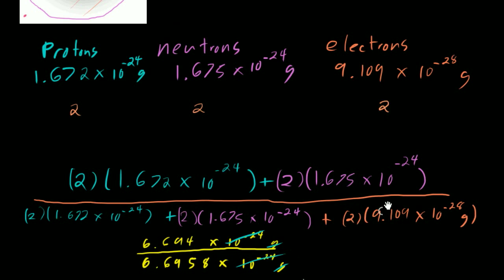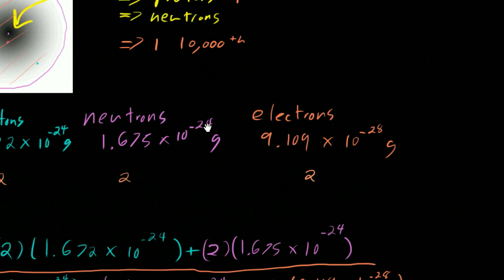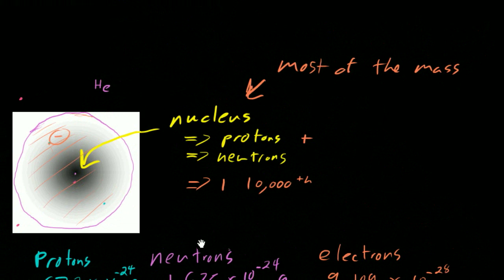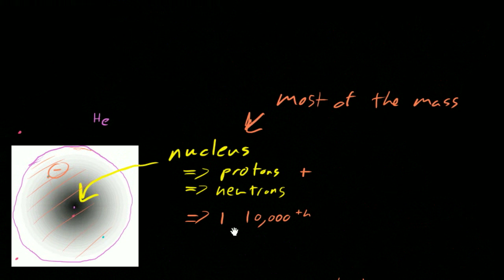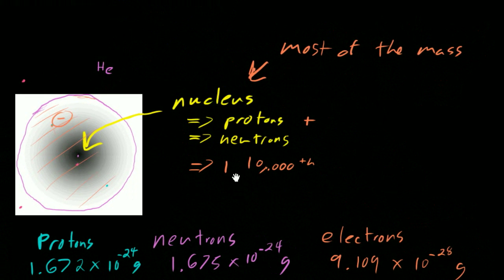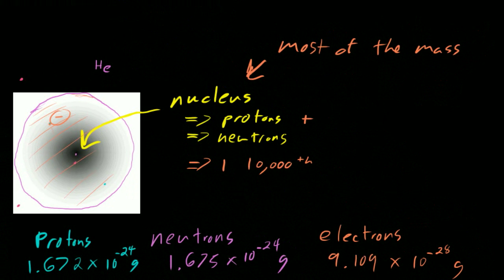So this means that inside this helium atom, where I said that most of the mass is inside this nucleus, when I say most of the mass, we've now figured out that most of the mass is 99.97%. And that's inside something that takes up only 1/10,000th of the space of the entire atom.